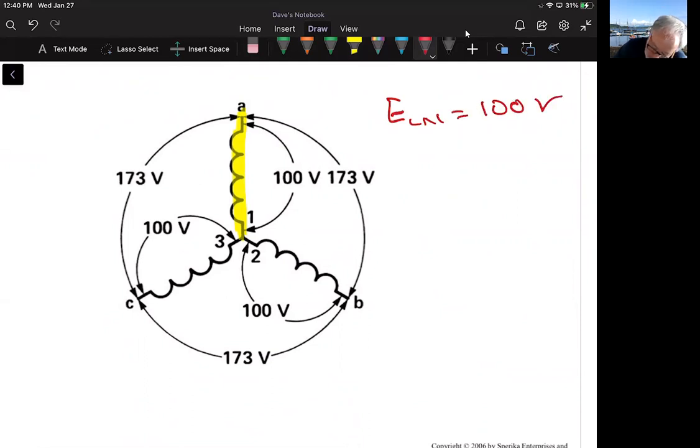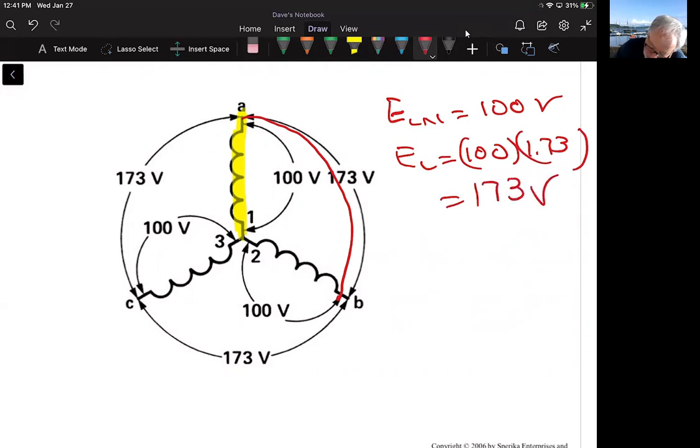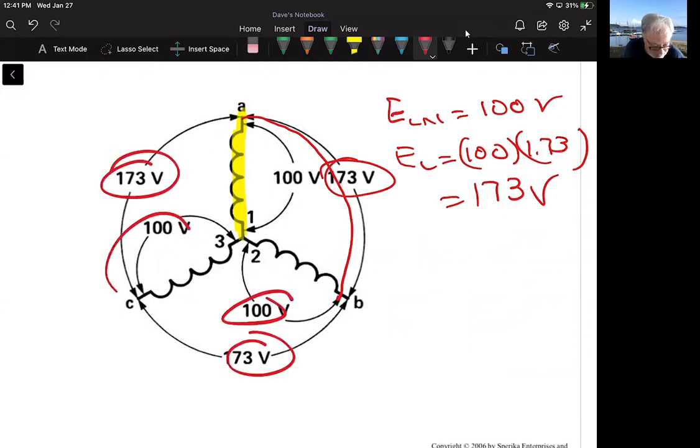If I measured from phase to phase, or from phase A to phase B, that value, EL, or line voltage, would be 100 times 1.73, or the square root of 3, or 173 volts. And that's where that number comes from. That works for each phase, because all this is symmetrical, and it all works out very well as we go through this.